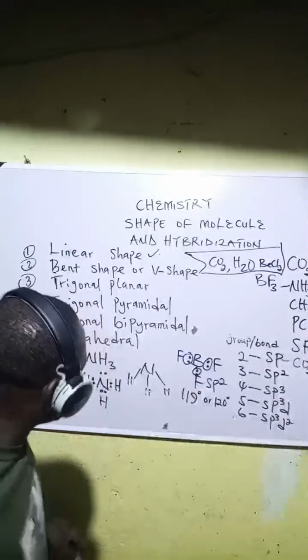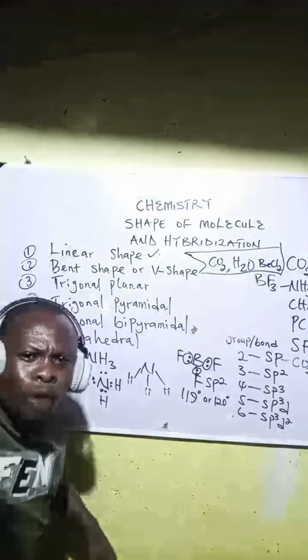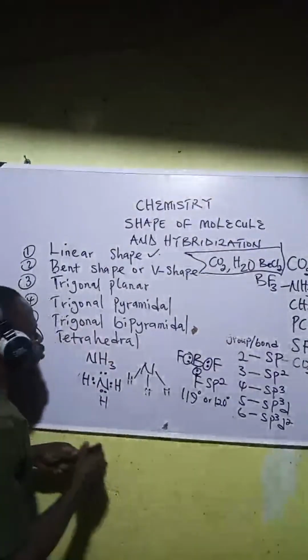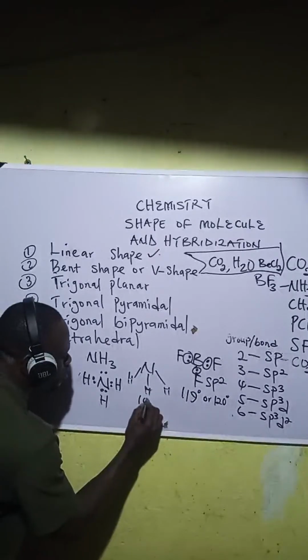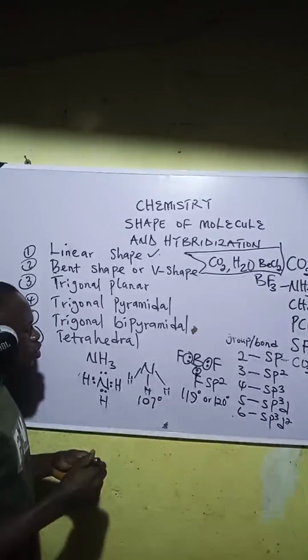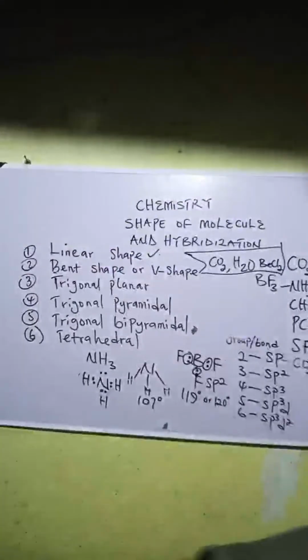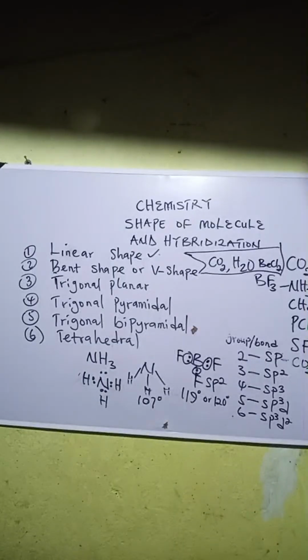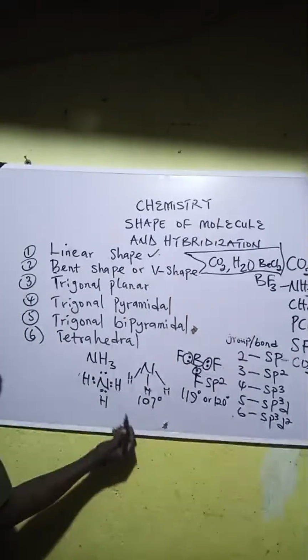Do you understand? So now, since it is like that, what type of hybridization is this? Let's look at the bond angle. The bond angle of this one will be 107 degrees. And what is the type of hybridization? Who can guess? How many bonds are there?